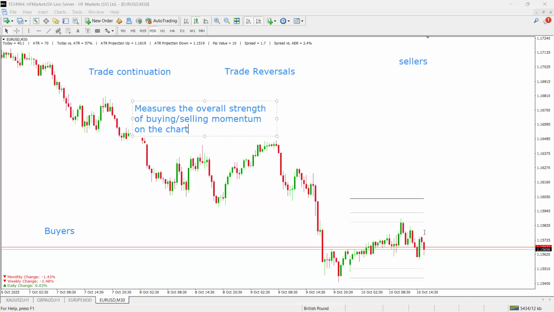So we don't necessarily want to put so much English to it. In fact, you can even further simplify it to saying it shows the strength. It shows you how strong or weak a buying or selling momentum is in the market.